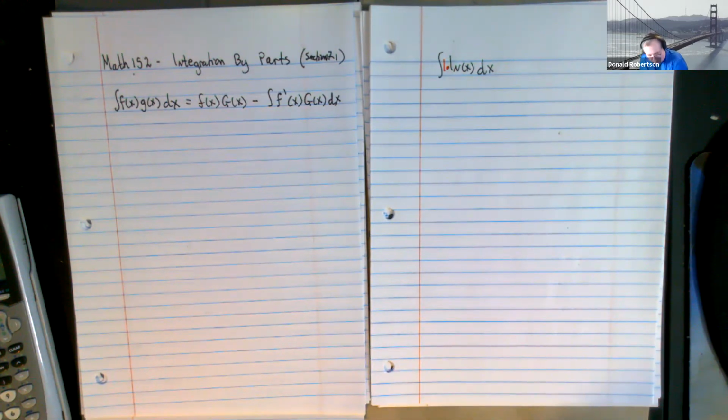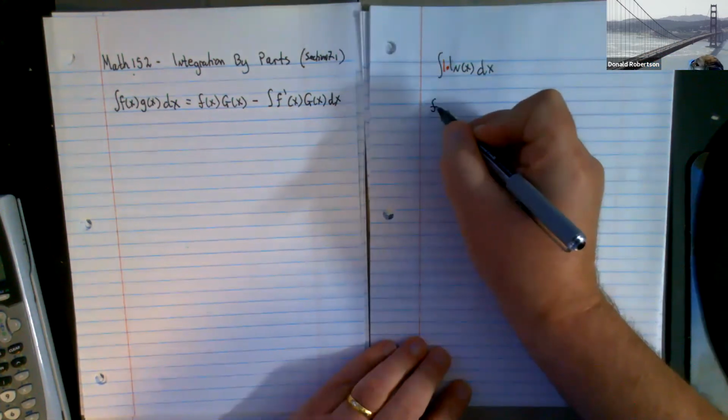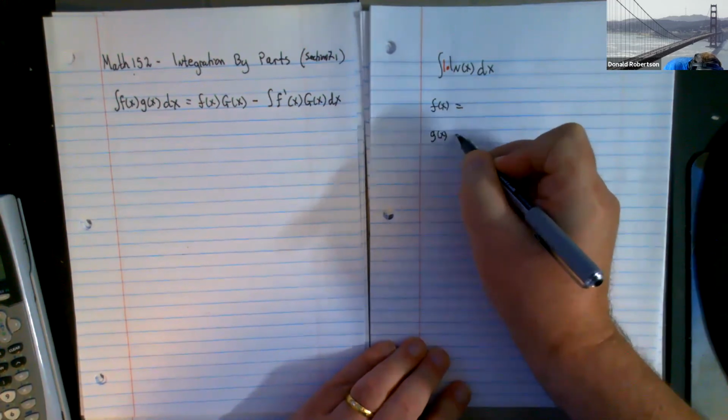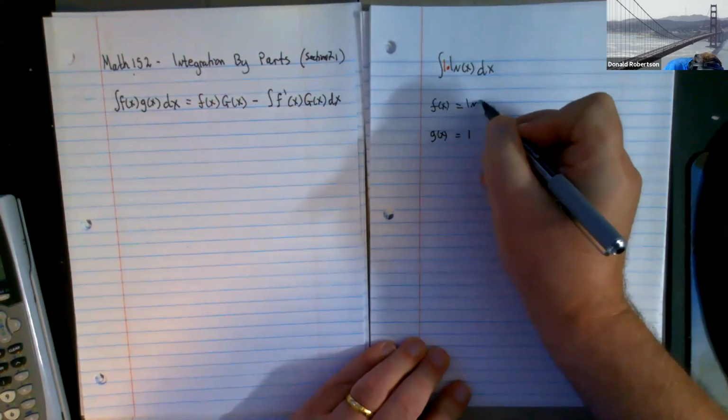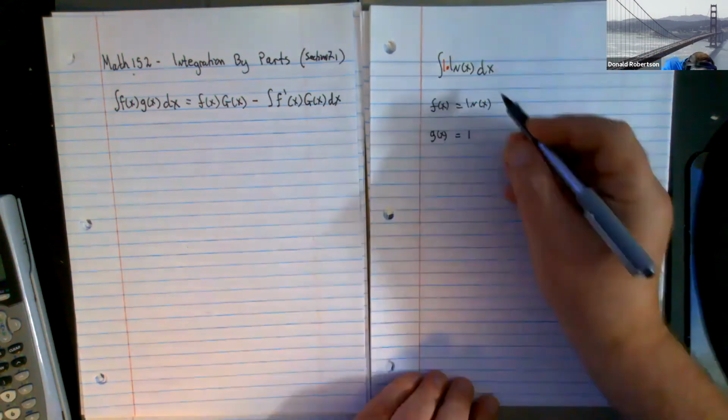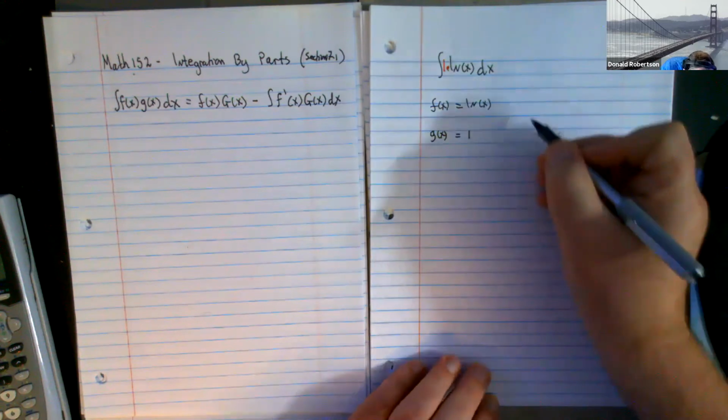Second cheat, not so much a cheat, but the second part is pick the log function, the function that's on its own, as the f, and pick the 1 as your g.